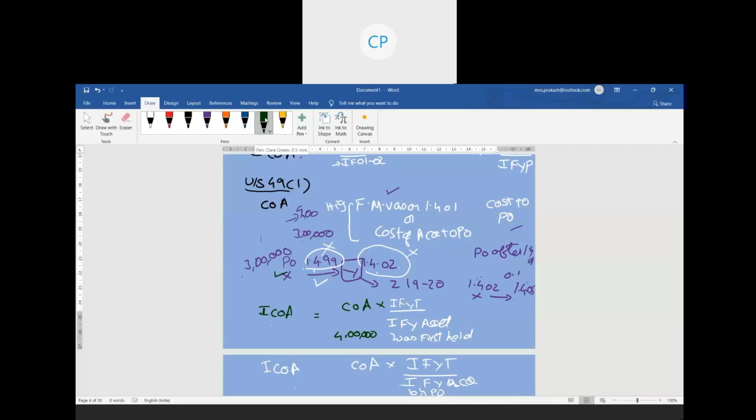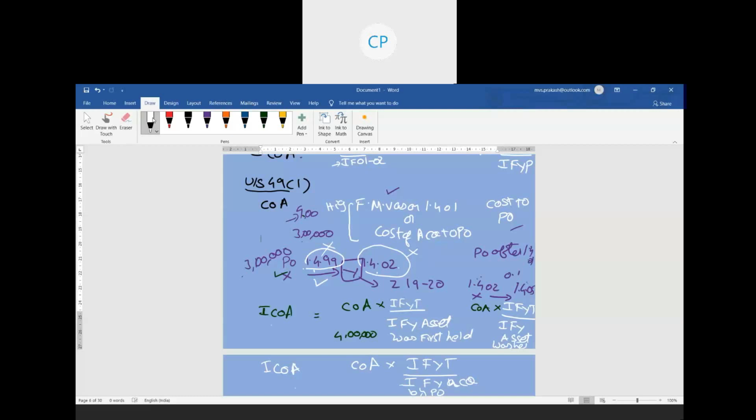What does the Income Tax Act say? Same thing here: cost of acquisition into index value for the year of transfer divided by index value for the year in which the asset was first held by the assessee. There is no change here. There is no change in calculation even if the previous owner held the asset before or after.